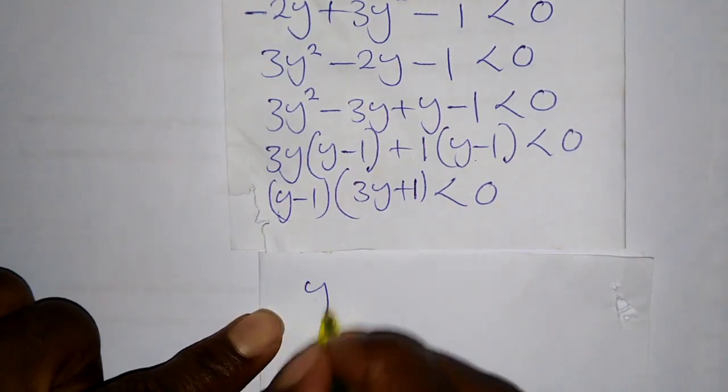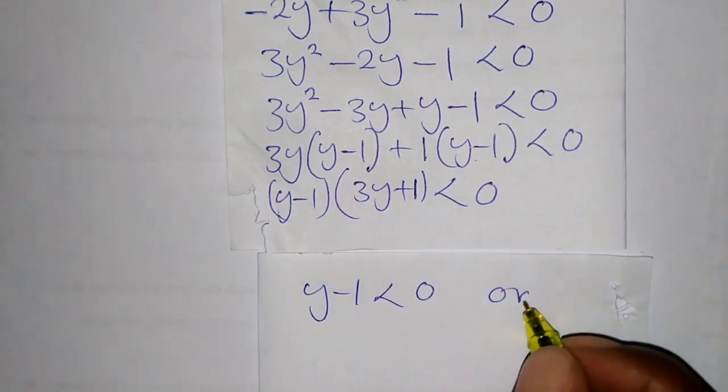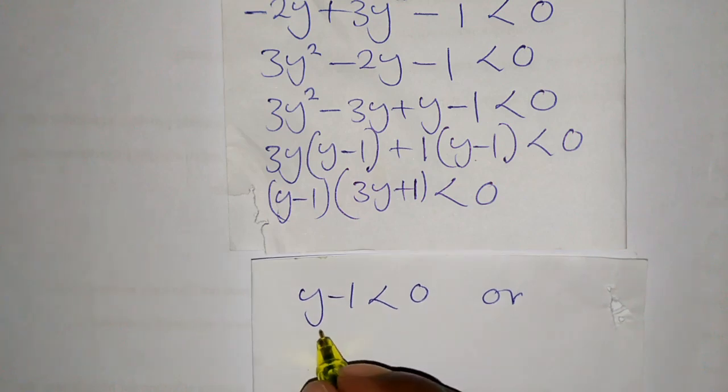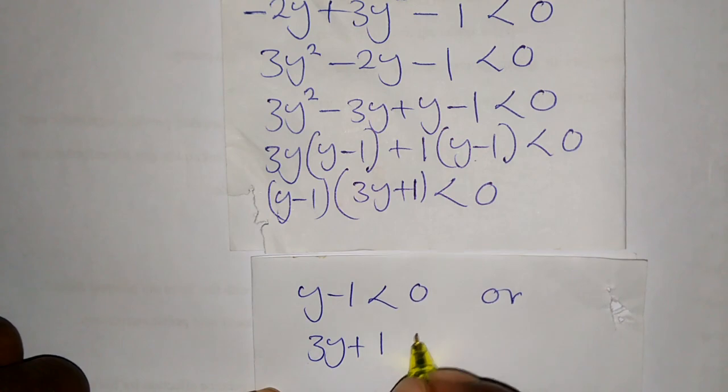Now we have y minus 1 less than 0, or 3y plus 1 less than 0.